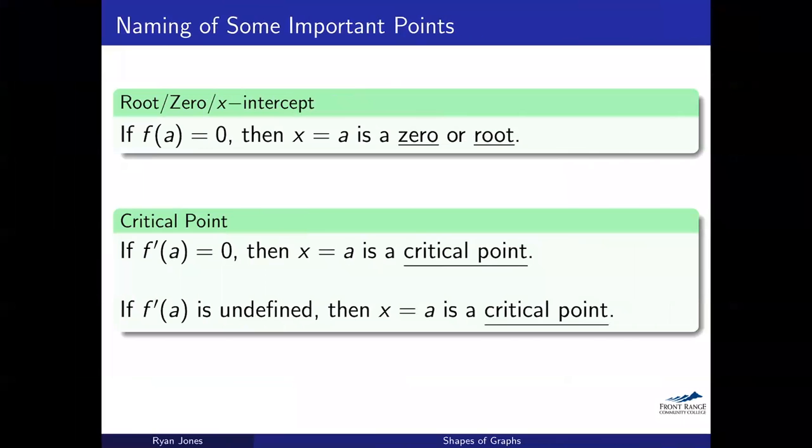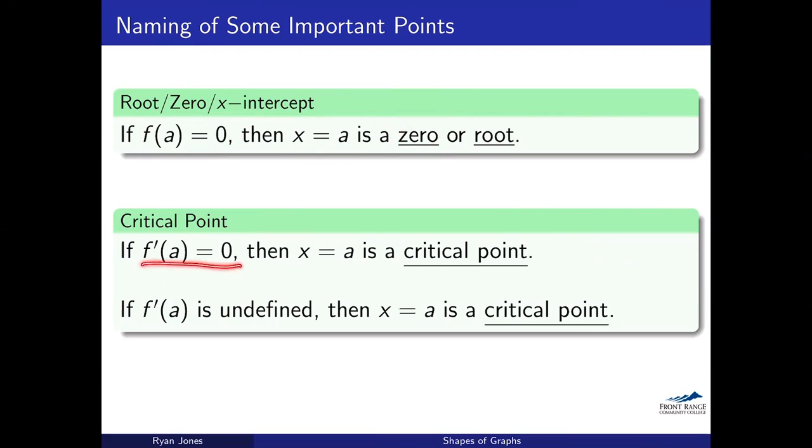We have names of these points when each of the function, derivative, and second derivative is 0. When the function is equal to 0, at that point, we call that a 0 or a root, or you can call it an x-intercept. 0 is probably the most common naming that we give it.